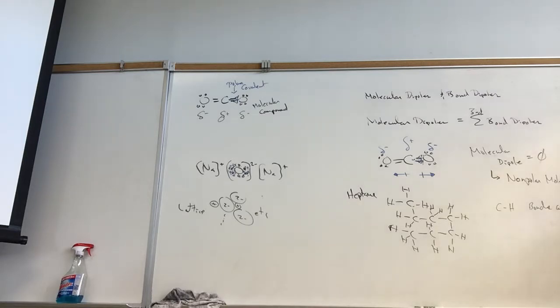That is, the bond dipole is equal to 0. And so it doesn't matter what the shape is. If we sum up zeros, it's all going to come out 0. And so heptane's nonpolar.